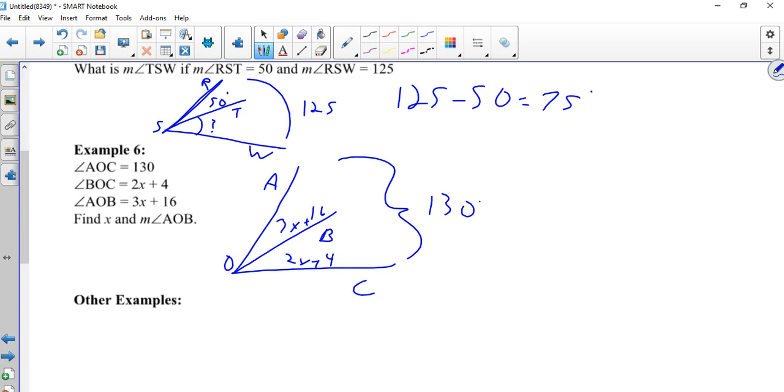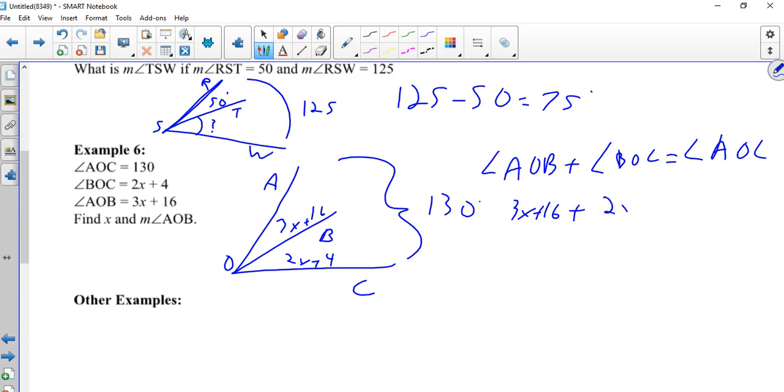Well, just like we did before, we can do the baby steps and say that AOB angle plus angle BOC must equal angle AOC. Now we put them in. We know that AOB is 3x plus 16, just like we did with line segments. And BOC is 2x plus 4, and AOC is 130.